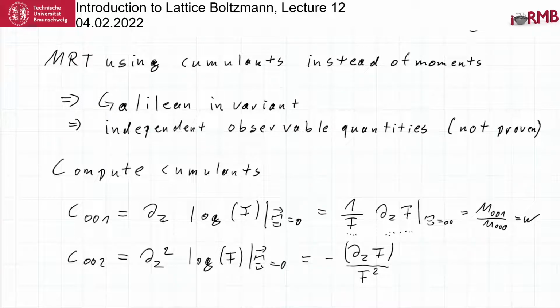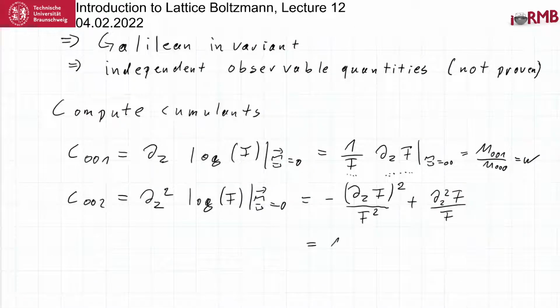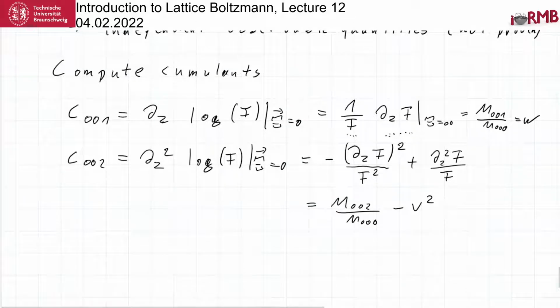No, wait. Sorry. Right. So this is correct. So d_z f squared divided by f squared plus d_z, so the second derivative of f divided by f, and this gives us m002 divided by m000 minus w squared. So in this way, using the chain rule, we can actually compute the cumulants from moments. So this is the easiest way.